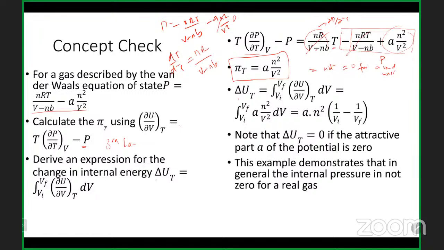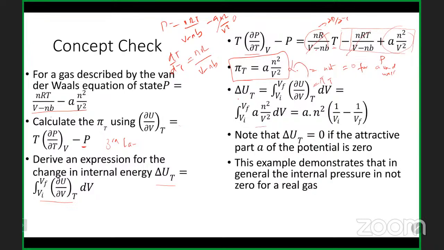We're given dU equals the derivative of U with respect to V at constant T times dV, and that is equal to pi T, which we have derived from the previous answer.